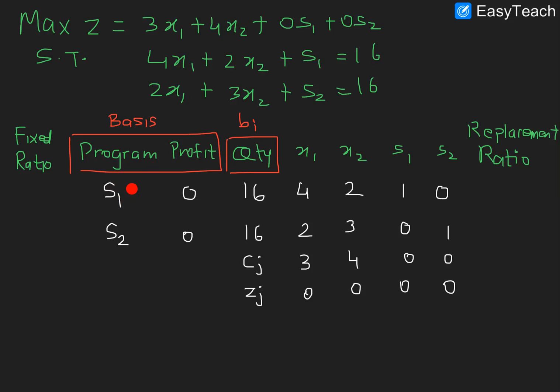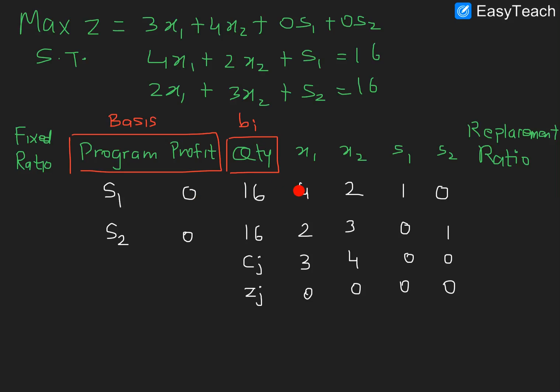And okay, if I sacrifice S1, was I earning any profit on S1 that I will lose? So 0. So basically I'm losing 0 into 4 with regards to S1 and 0 into 2 with regards to S2. But since both of them were idle, they didn't have any opportunity cost, we say Zj is 0.